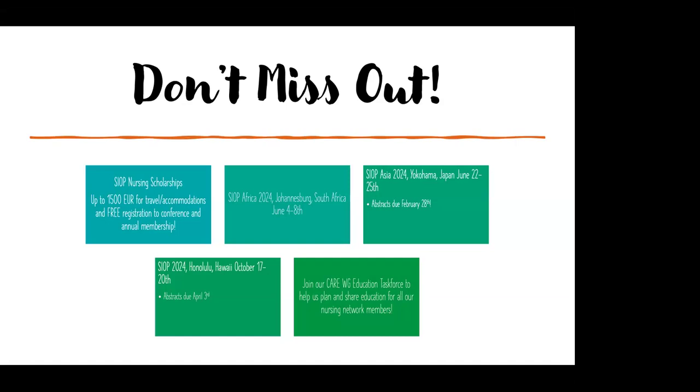We have our conference coming up in Honolulu, October 17th through the 20th, and abstracts are due April 3rd. So like Marilyn said today, months ahead of time, we should be starting this process. So if you are interested and working on an abstract for Hawaii, definitely get started if you have not started yet.